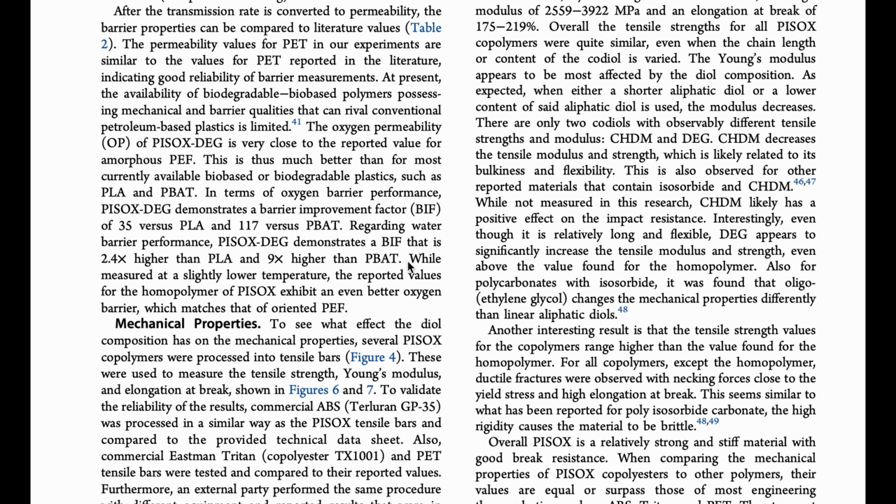Here in this article, for instance, the authors suggested that at present, the availability of biodegradable, bio-based polymers possessing mechanical and barrier qualities that can rival conventional petroleum-based plastics is limited. So that is something that needs further investigation.